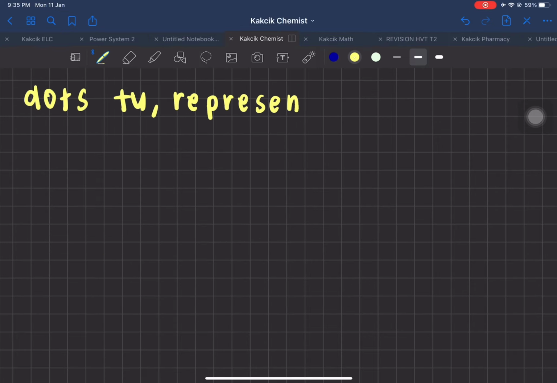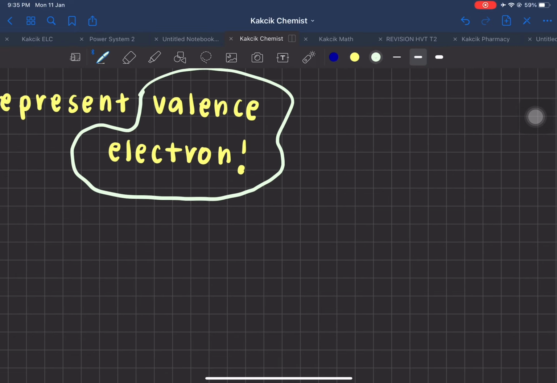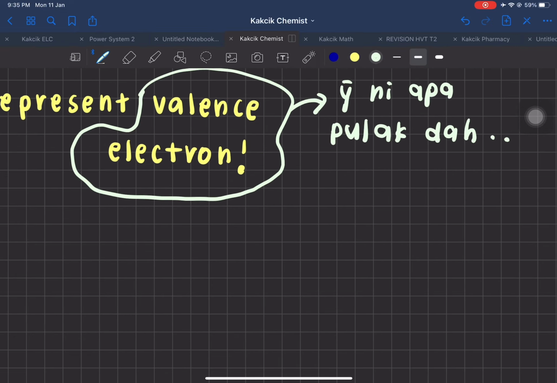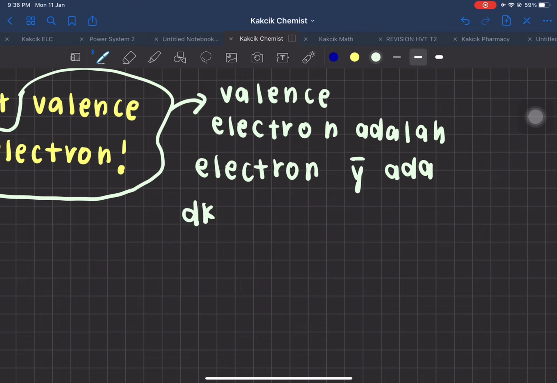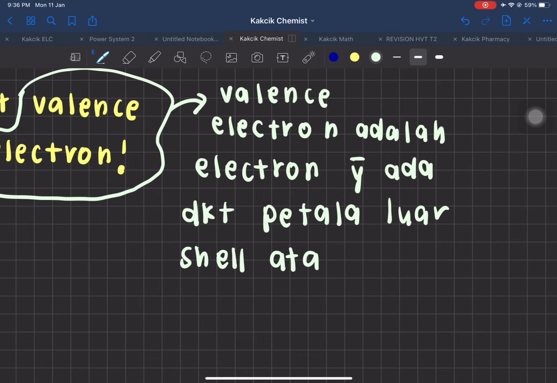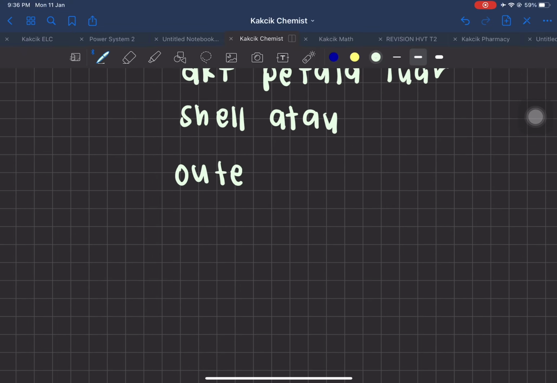Okay, as I told you, dots represent valence electron kan. So what is valence electron? So valence electron adalah elektron yang ada dekat petala luar shell or outer shell electrons. So yeah, basically those in the outer shell of electron are called valence electrons.